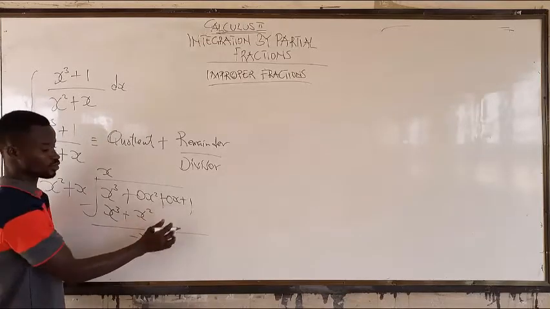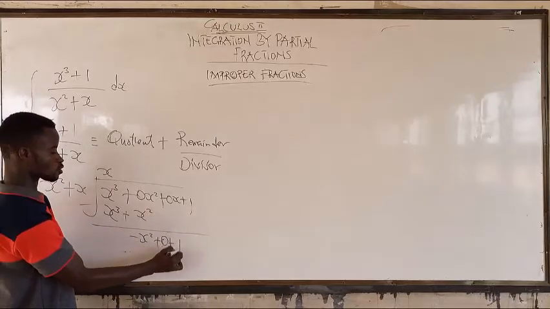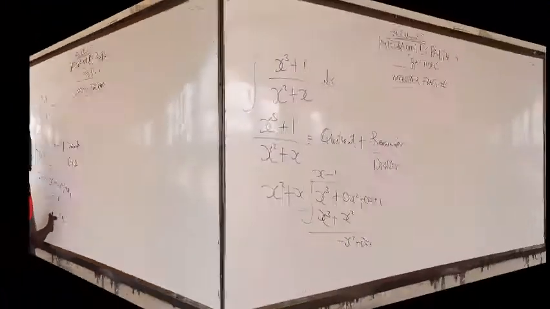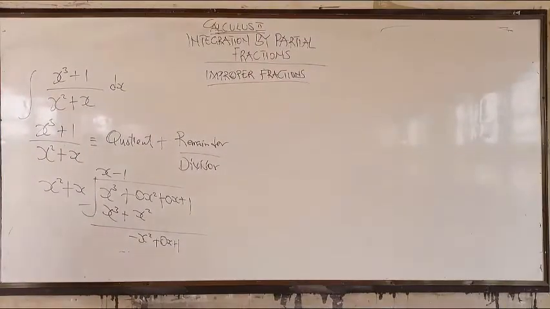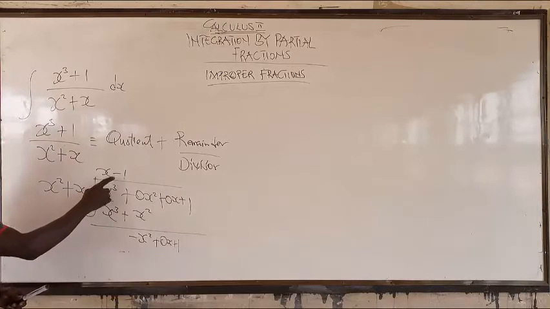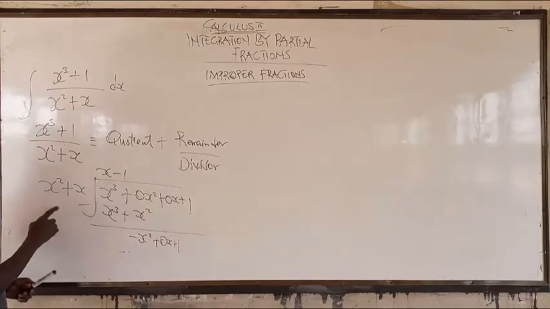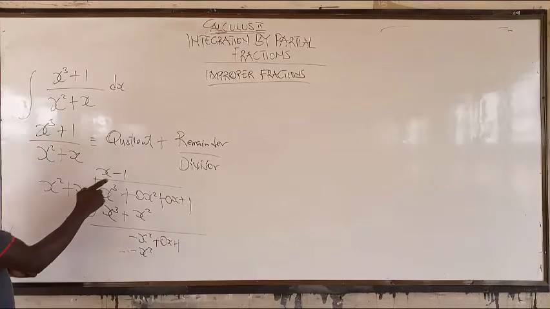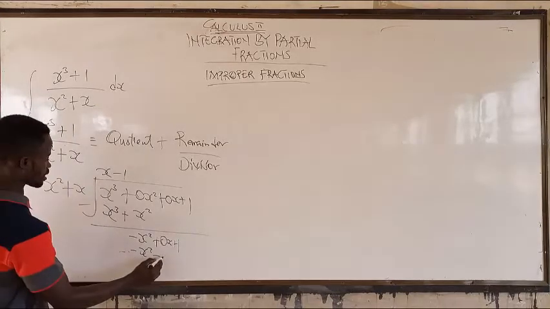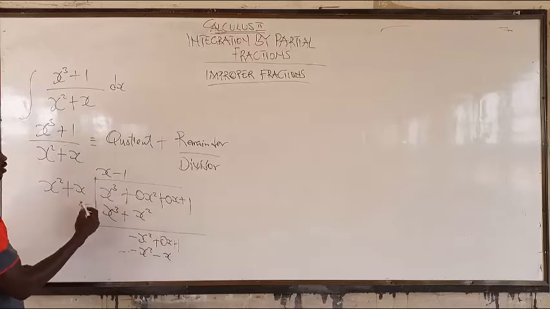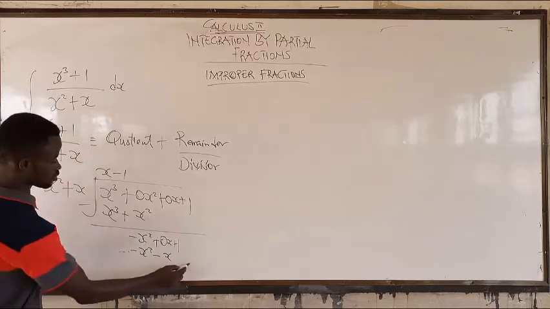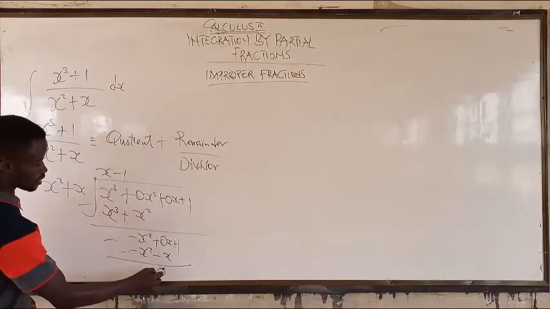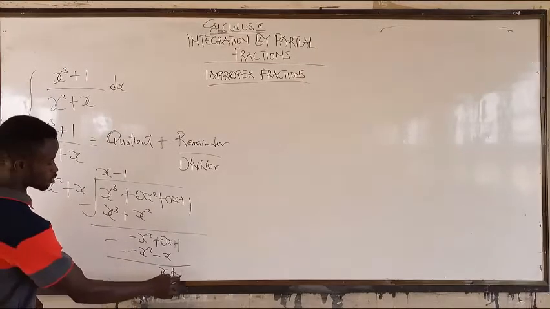Then you bring the rest of this, which is plus 0 plus 1. Divide. Now multiply the negative 1 by this. You get negative s squared. Multiply this by this, you get negative s. Alright, that's it. Subtract, 0. You get s plus 1.